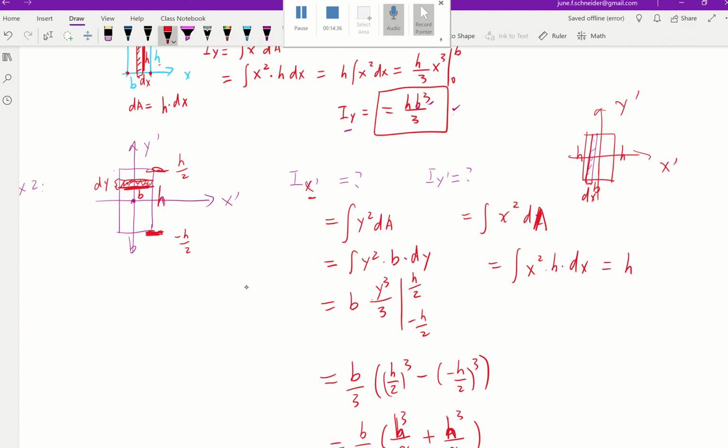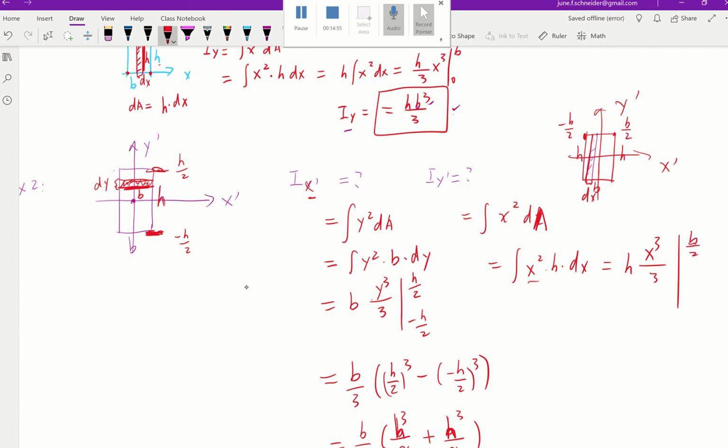So taking h out, integrating x squared we get x cubed over 3. And now let's look at the range for x in this situation. My left edge, x, is going to be negative b over 2, and the right side, my upper limit, will be b over 2.